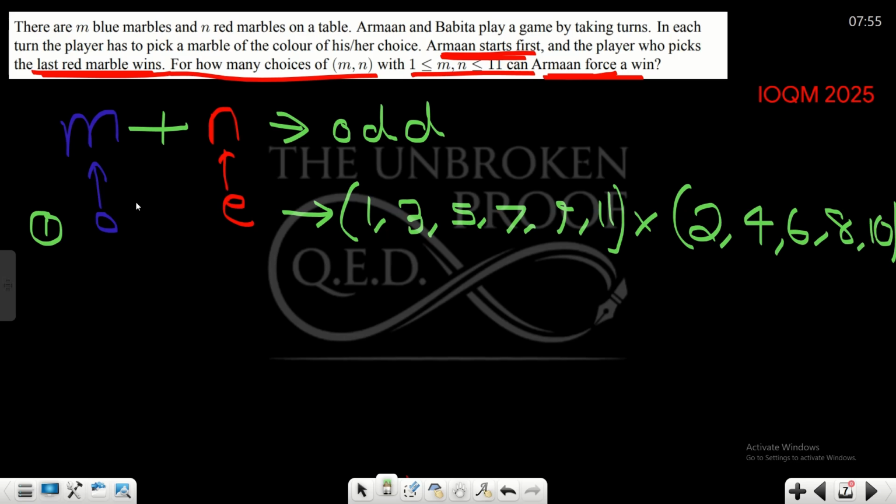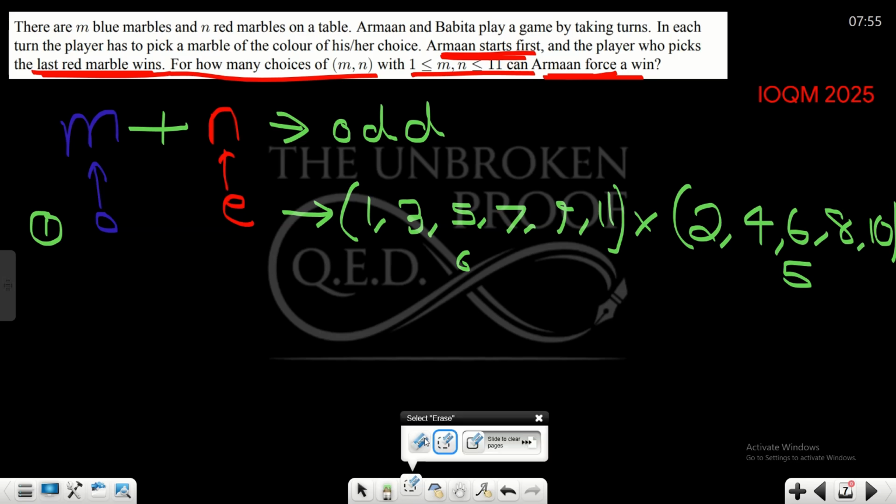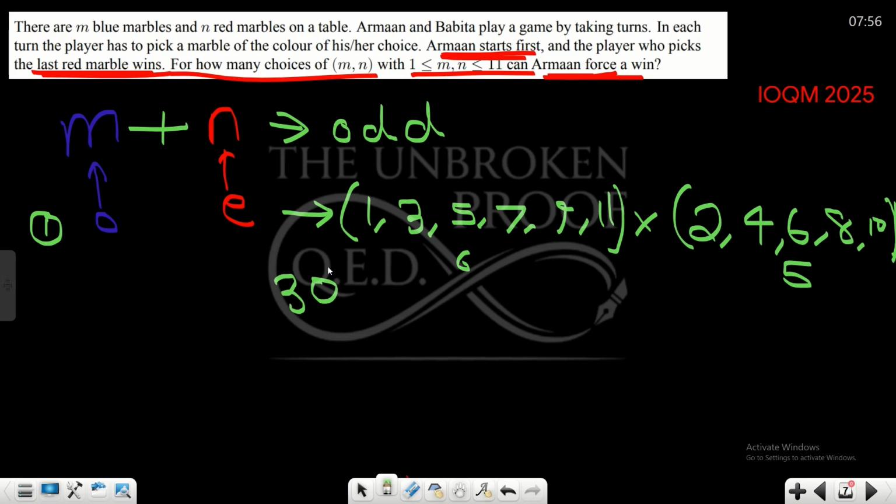So if M is odd, there are 6 such numbers, and if N is even, then there can be 5 such numbers. If you use the multiplication principle of counting, then in the first case there are 30 such combinations of M, N.